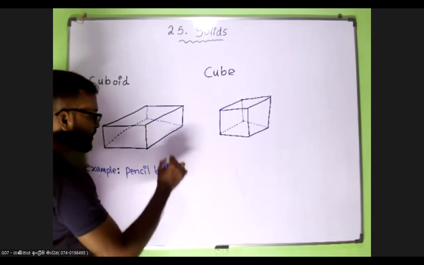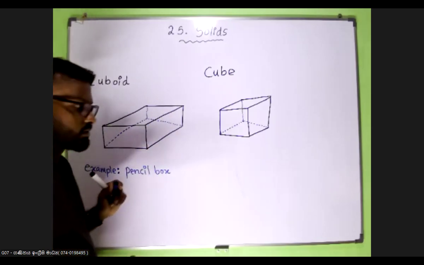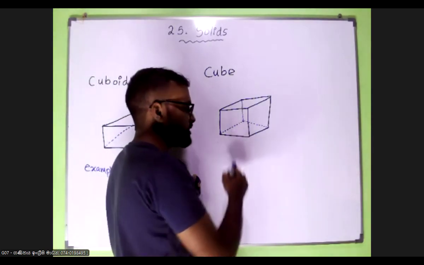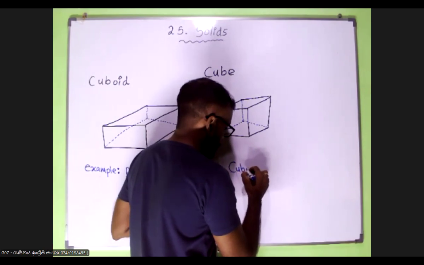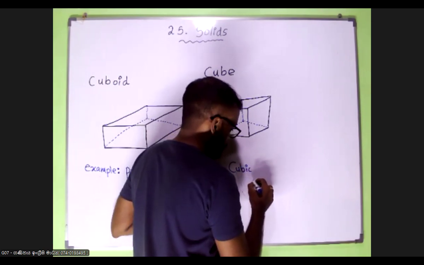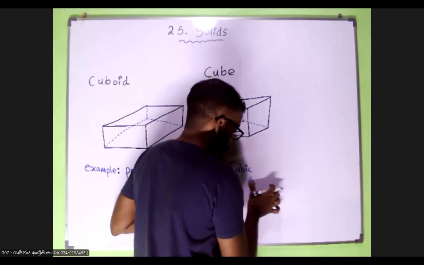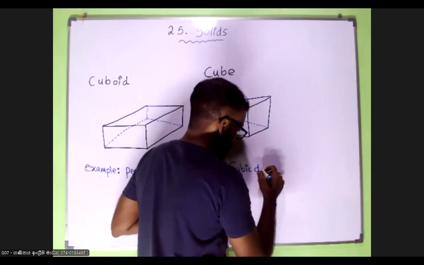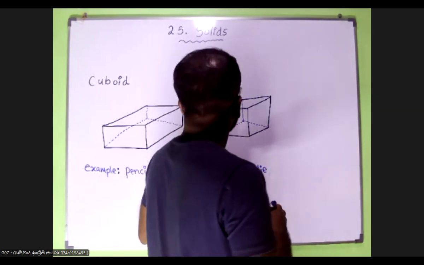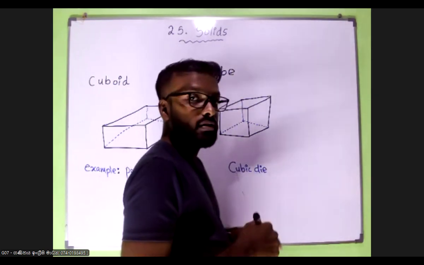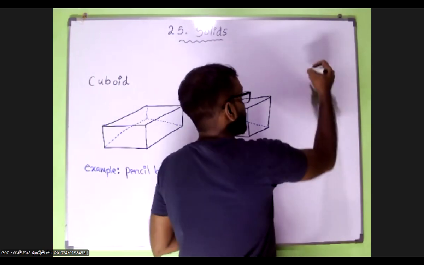It is the shape of a cuboid. For the cube, a cubic die. And the other thing is the regular tetrahedron.